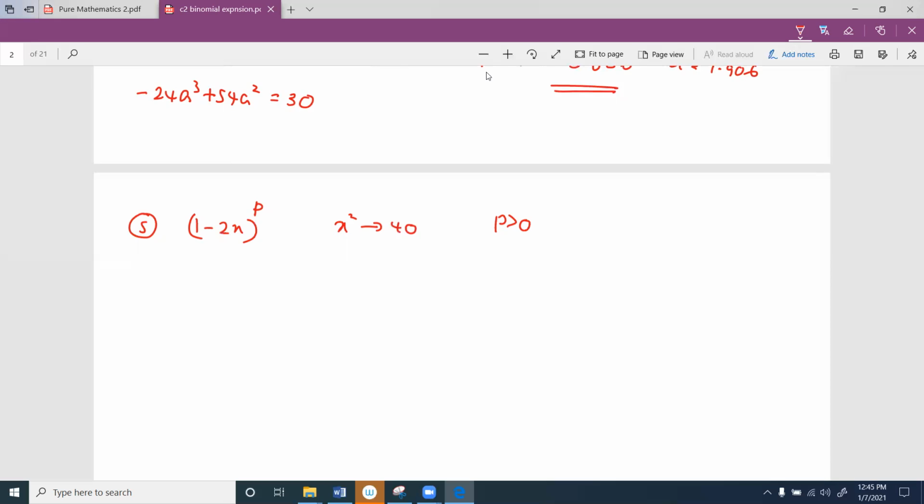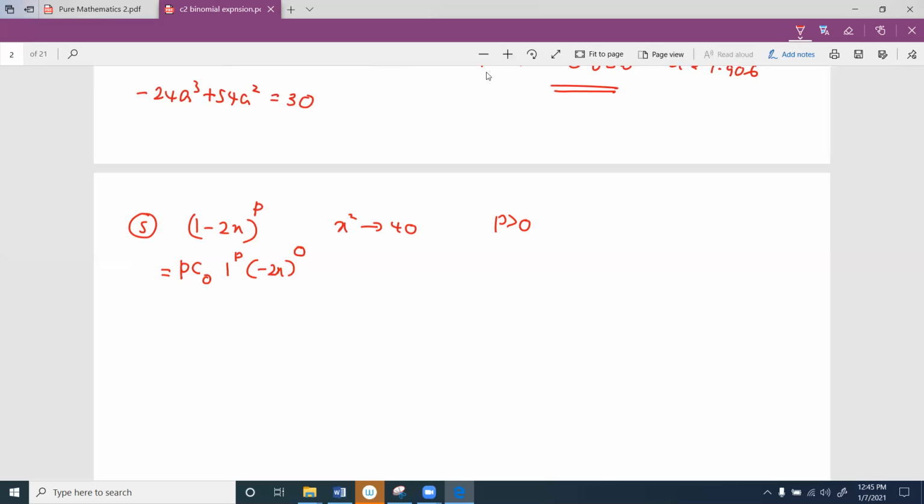That means you have to expand this up to power 3. Therefore, you just work out over here. Nothing to worry, you start with the question. Though it's a variable power p, don't worry, you just do it. This is pC0 1 to the power p, minus 2x to the power 0.